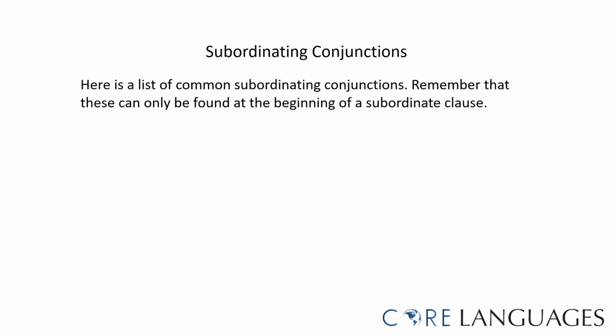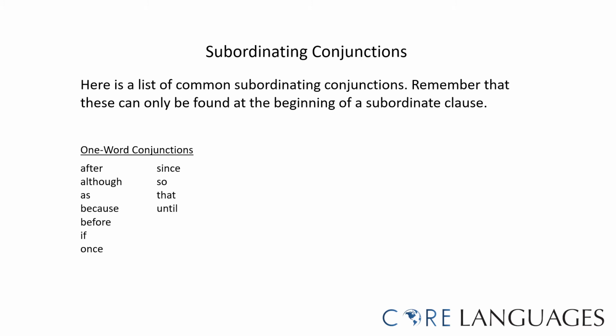There are many subordinating conjunctions, and it is important to remember that these can only be found at the beginning of a subordinate clause. There are one-word conjunctions, such as after, although, as, because, before, if, once, since, so, that, until, when, while.